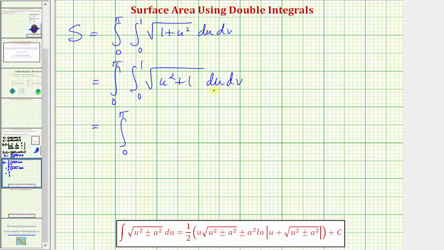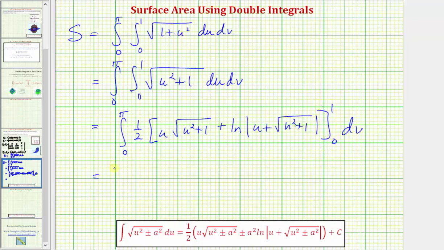So now we integrate with respect to u, so we're going to have 1/2, and then we'll have u times the square root of the quantity u squared plus 1, plus a squared, of course, is just 1, so we have natural log, the absolute value of u plus the square root of the quantity u squared plus 1.